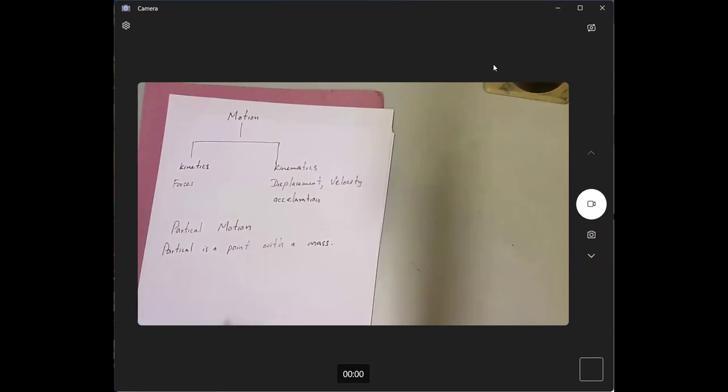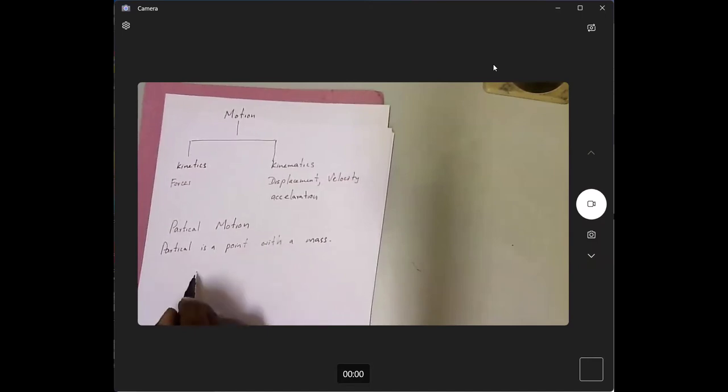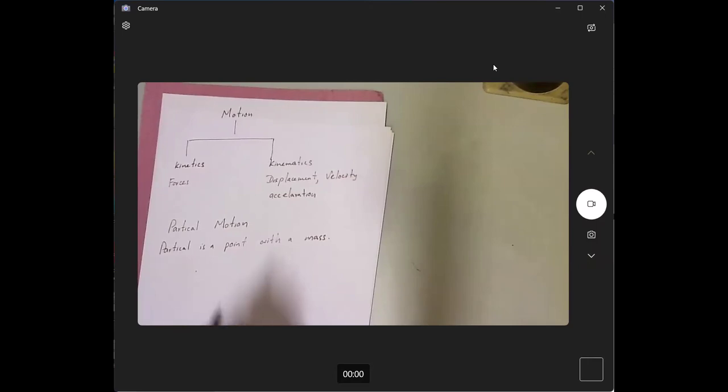Now, since a particle is a point, that means it can only do translation. That means moving from one point to a different point.